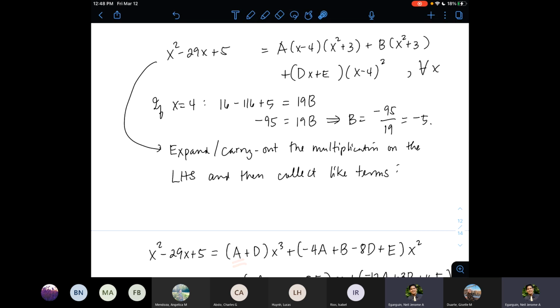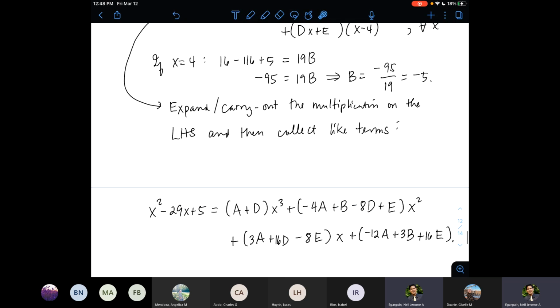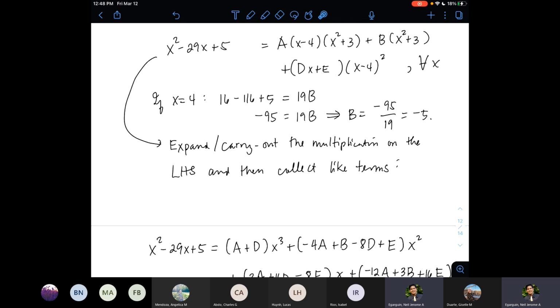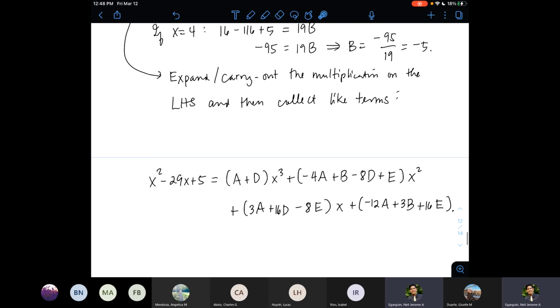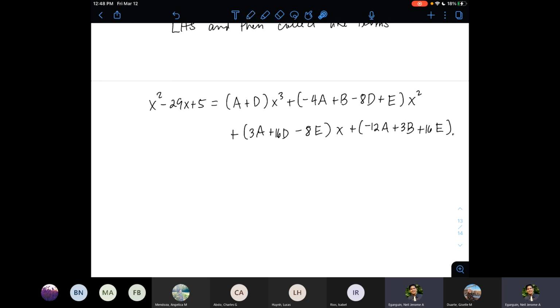That's why I got an a there. And then you have d times x, when you expand this you get x squared minus 8x plus 16. You multiply it with dx, you will get d x cubed. And I hope you see how long and painful that process could be, okay? But if you're patient enough, you'll get this.